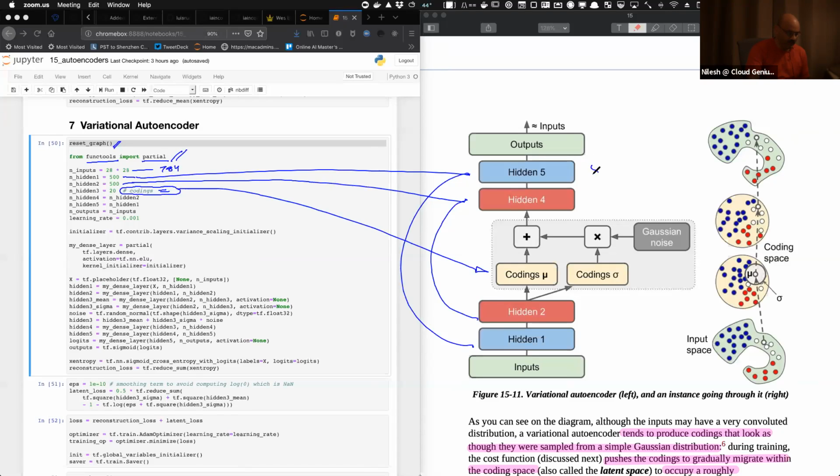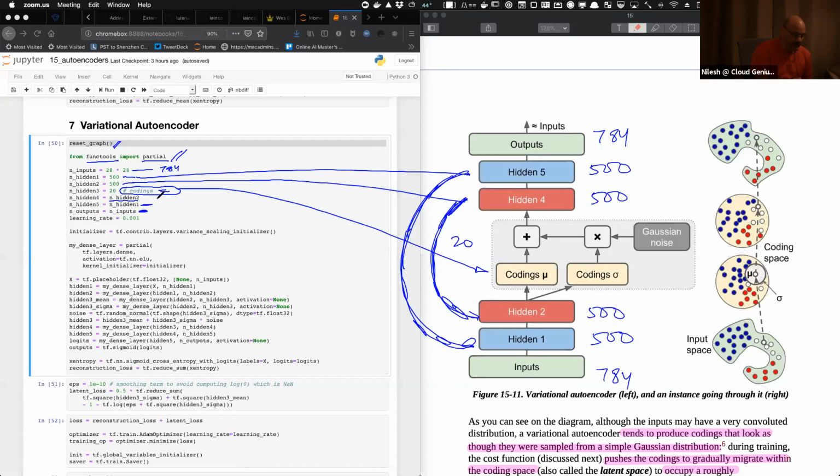This 500 matches this. This 500 matches this, which in turn matches this, and this matches this. So it is 500, 500, 500, 500, 20, 784. And this is matching 2 with 4, which is this one. And this is matching 5 with 1, which is this one.